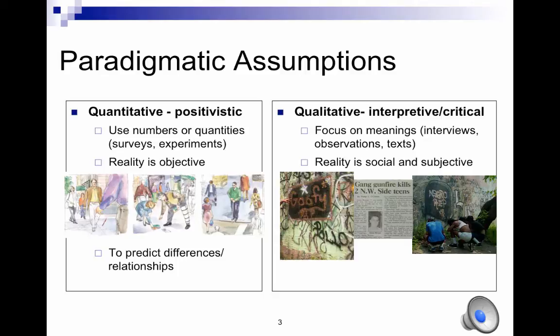Interpretive and critical scholars believe that we cannot fully understand reality unless we take all these diverse perspectives into consideration. The goal of qualitative researchers, therefore, is to provide an in-depth, contextual understanding of the chosen phenomenon.